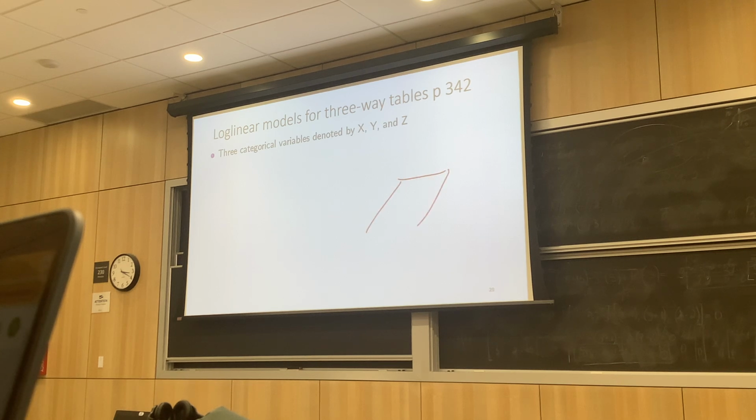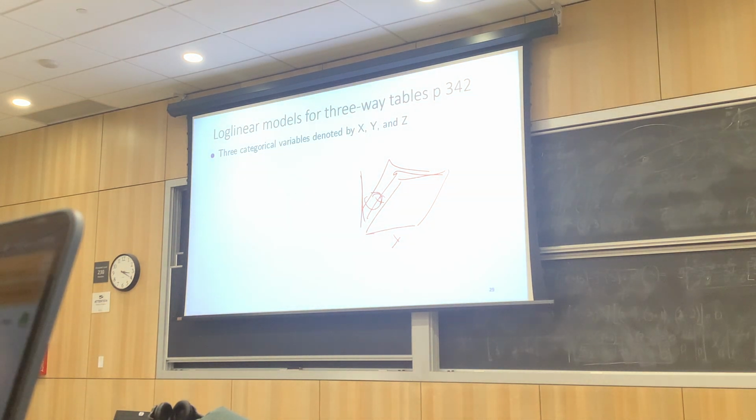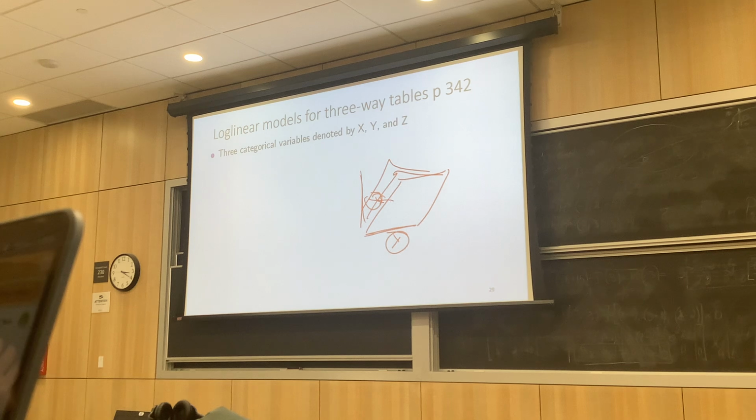So this may be X, this may be Y, and then a third variable. So we have layers, and we have cells. In each cell we have the number of individuals falling into that cell, and we want to be able to predict based on which X level, which Y level, and which Z level that cell is in.